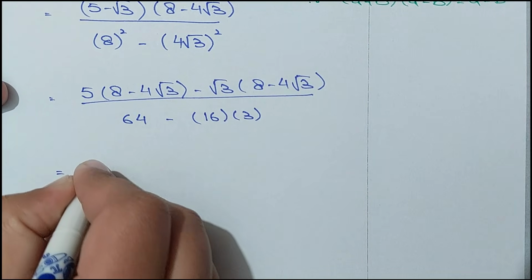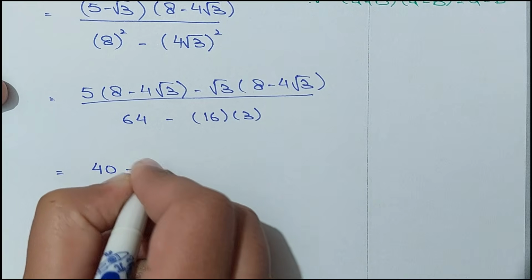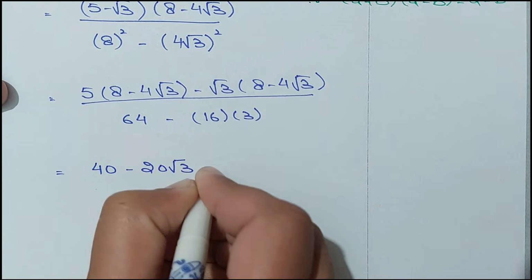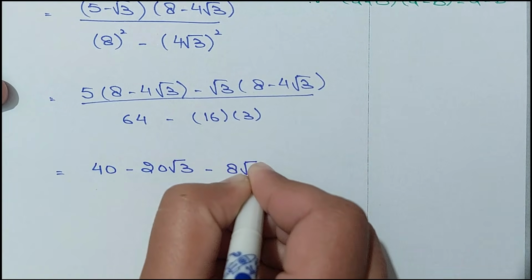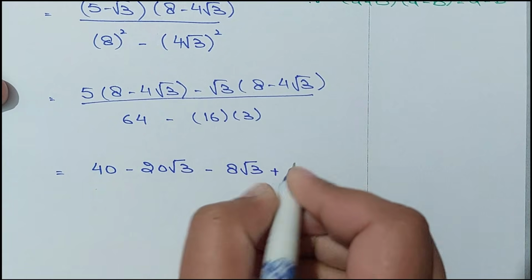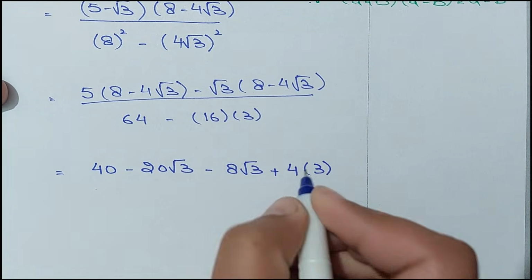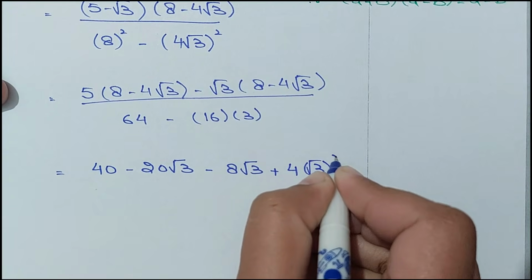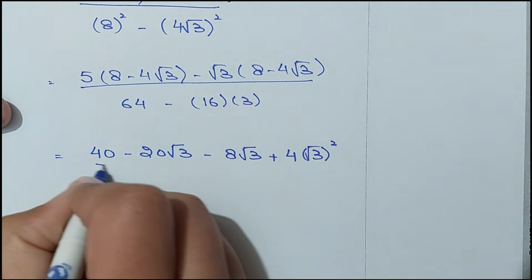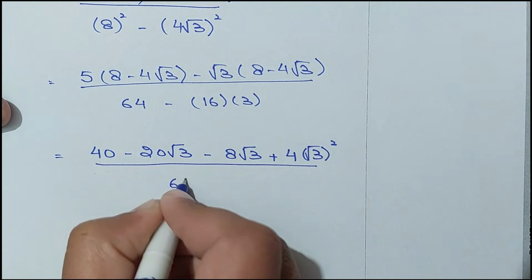So 5 times 8 is 40, 5 times 4 is 20 root 3, minus 8 root 3, and minus times minus would be plus. We have 4 root 3 times root 3 is just 3, or root 3 squared we can say. In the denominator we have 64.